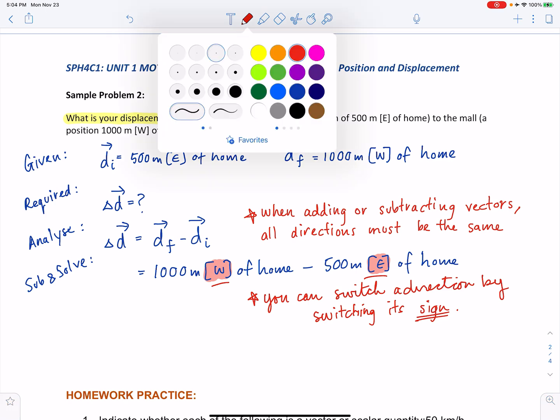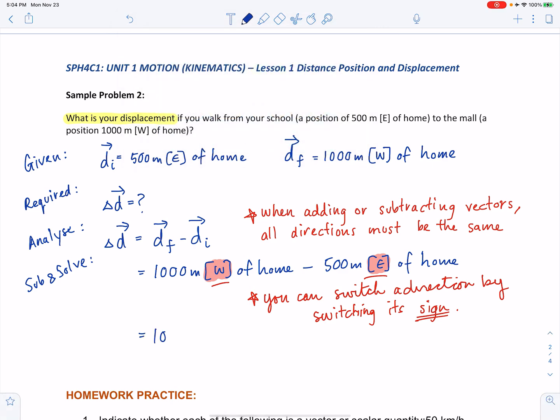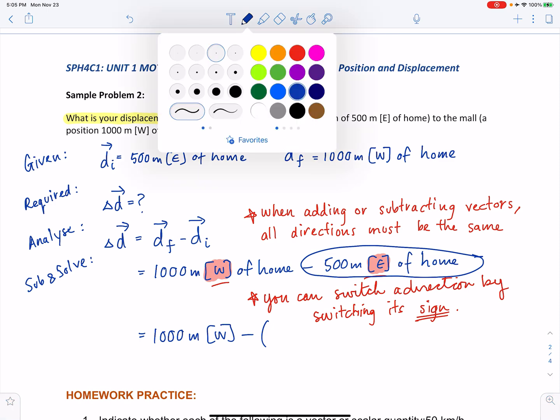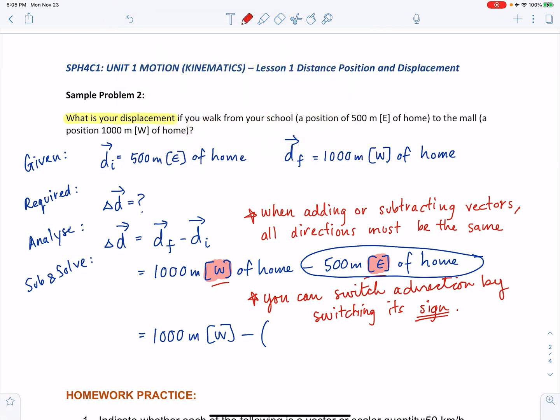So the first example, there's nothing to change. It's 1,000 meters west. Now the second example, 500 meters east of home, which we are subtracting, I want to make it west. And when I make it west, you have to switch its sign. So 500 meters east of home is going to be negative 500 meters west of home.